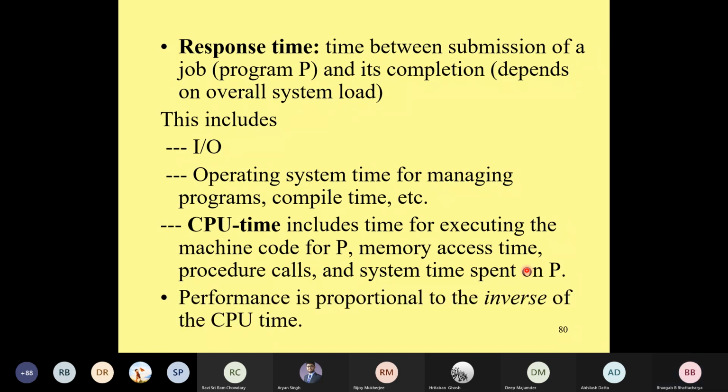All right. So performance, we say that performance is proportional to the inverse of CPU time. So that means if the CPU time is less, it means that you finish your program quickly. And we want that, and as a user, you want to have your performance higher. It means that you need your CPU time to become as small as possible.